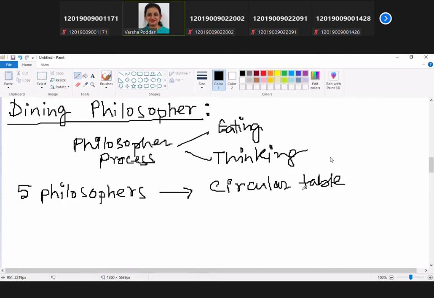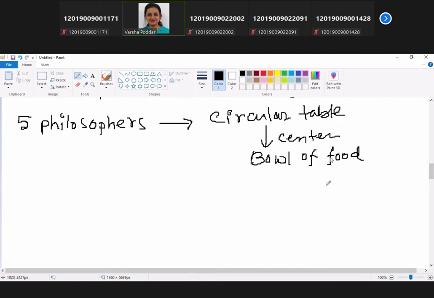At the center of the table, there is a bowl of food which they will eat. Beside each philosopher, we have one chopstick, so there are 5 chopsticks.